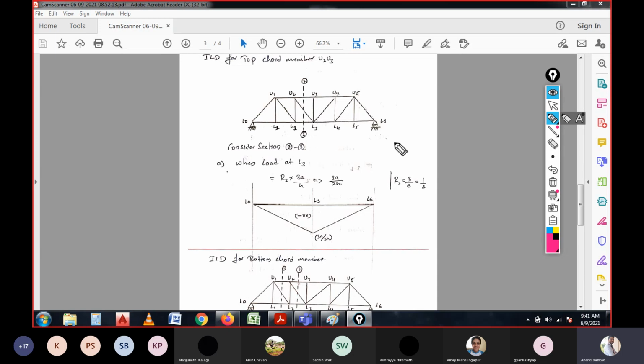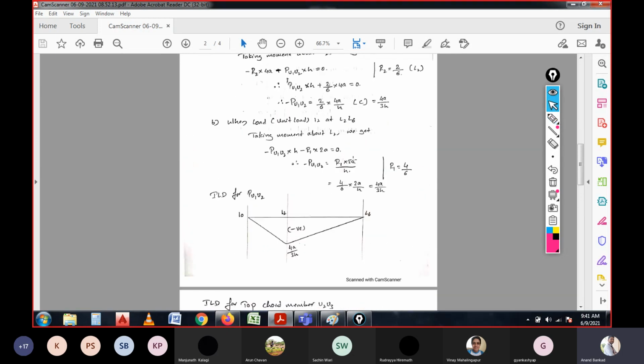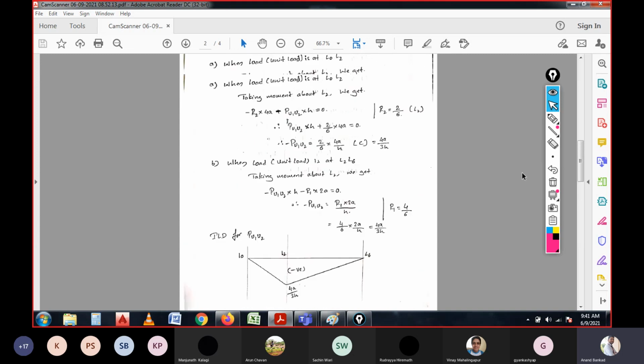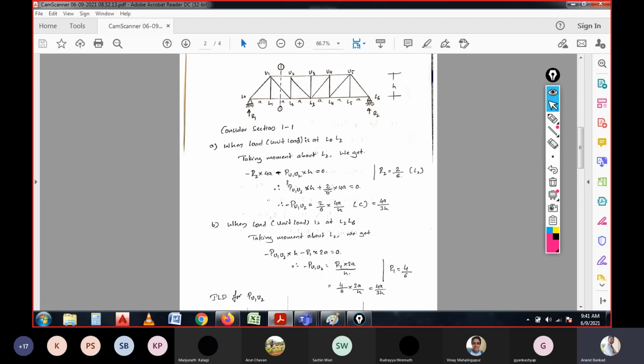What we have calculated in the previous part, here it is 4a by 3h. That means we are referring to this simplification or considerations for U2 and U3 also.